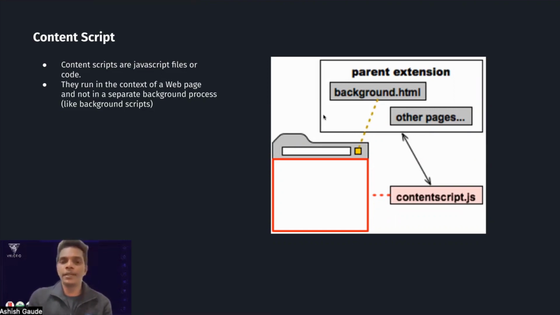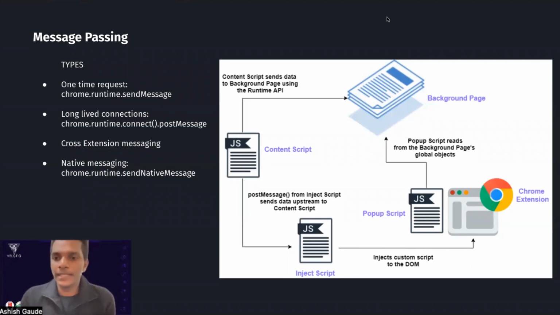For example, if you want to trace the entire redirects that happened before the page was loaded, that is not possible inside the content script. In such cases, we have to send some messages to the background script and get that information from the background script. This is done with the help of message passing, which is the topic for the next slide. So, message passing.